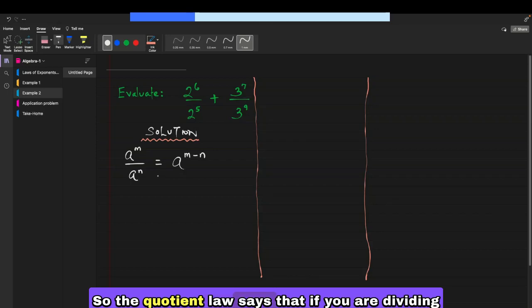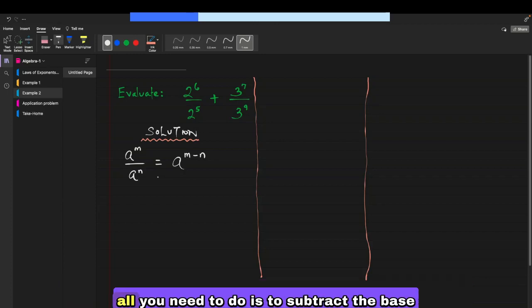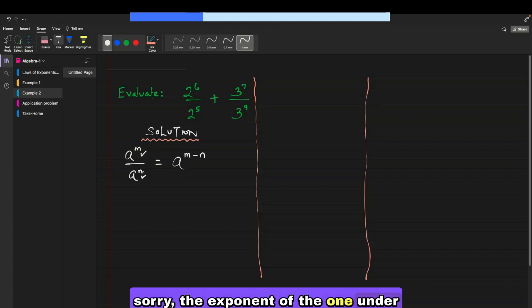So the quotient law says that if you are dividing two quantities that have the same base, all you need to do is subtract the exponent of the one under from the exponent of the one above. And that's why I'm having a raised to the power m minus n.